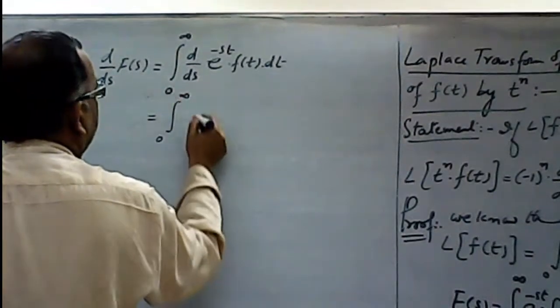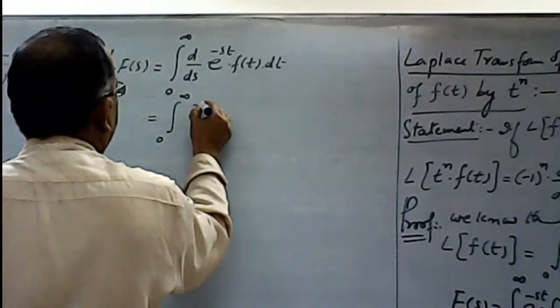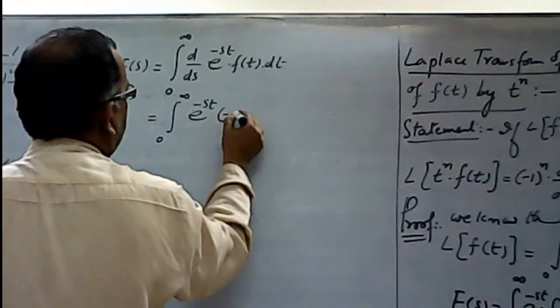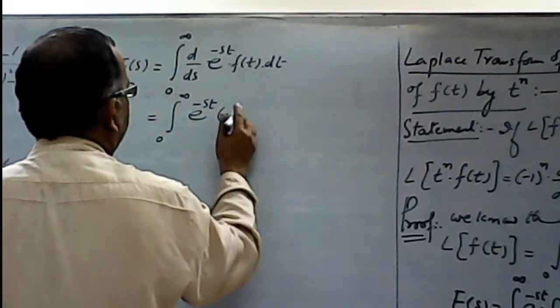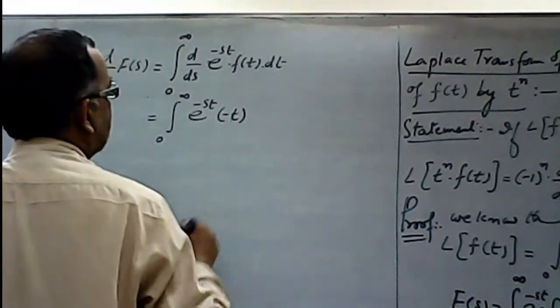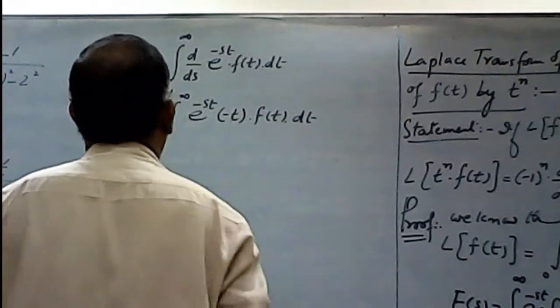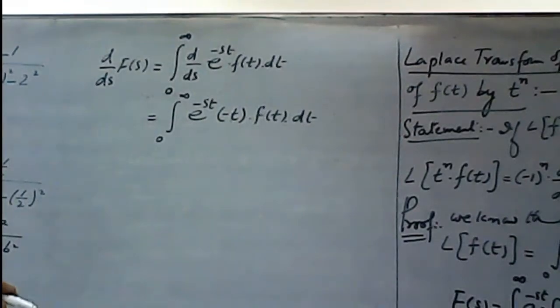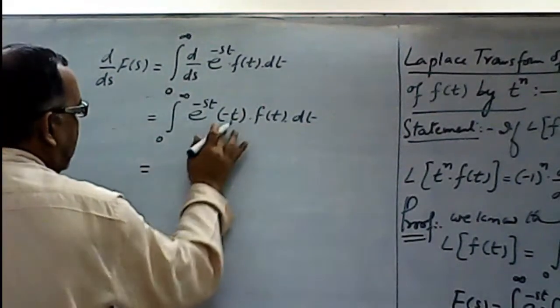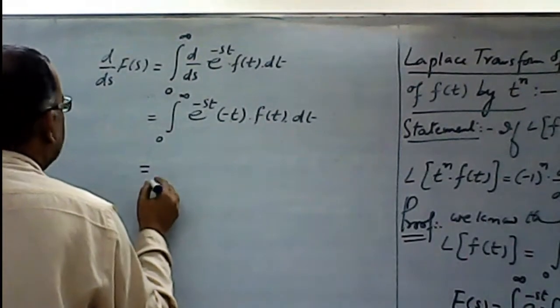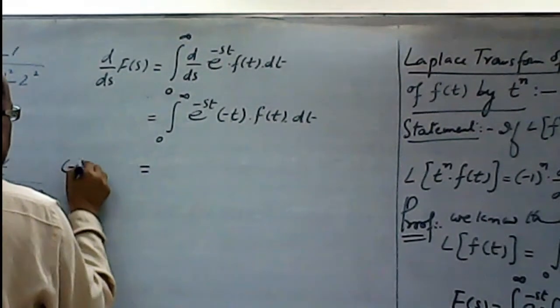Now I am applying the derivative first. So the derivative of e power minus st is e power minus st, and again the derivative of minus st is minus t, and f of t dt, because I am differentiating with respect to s. Then I took minus common and wrote it on the left hand side.